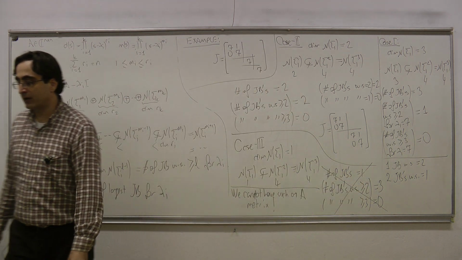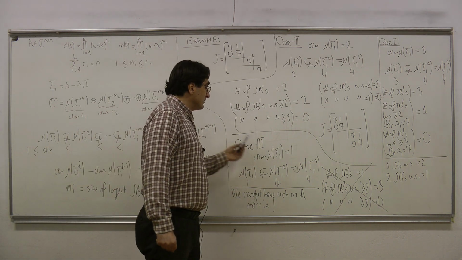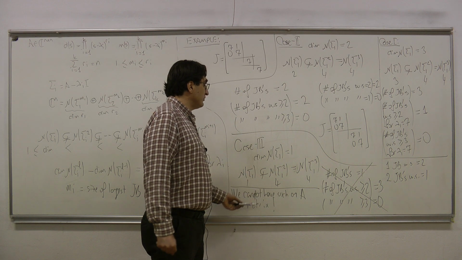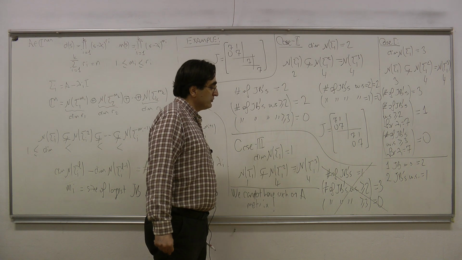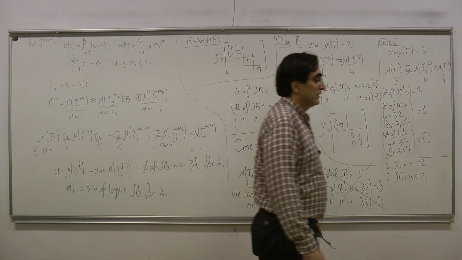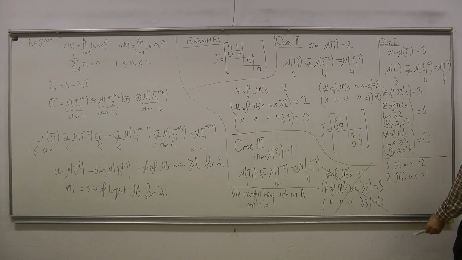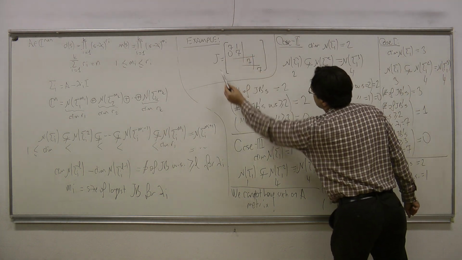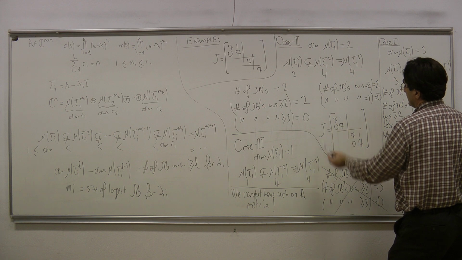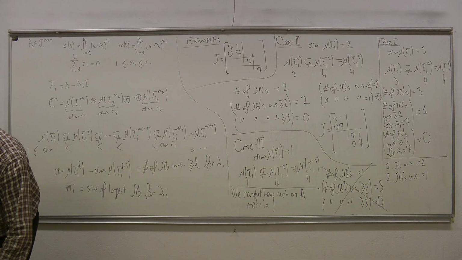So there is no such A matrix which would satisfy these dimensions. That is why we do not have to consider case 3 here. So we only have 2 possibilities, 2 Jordan canonical forms. The first one is in this form, and the second one is in this form. That completes this example.